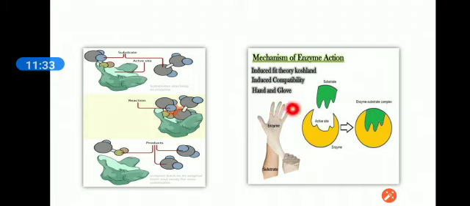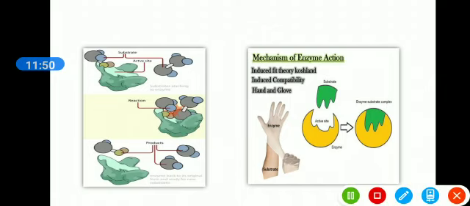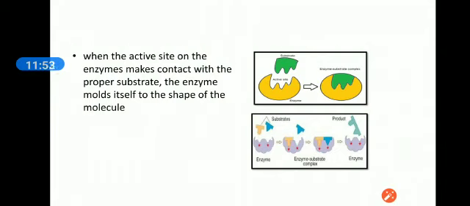So the only thing it explains further is the flexibility of this complex of substrate and enzyme in this model, which was the limitation of the lock and key model. When the active site on the enzyme makes contact with the proper substrate, the enzyme molds itself to the shape of the molecule.